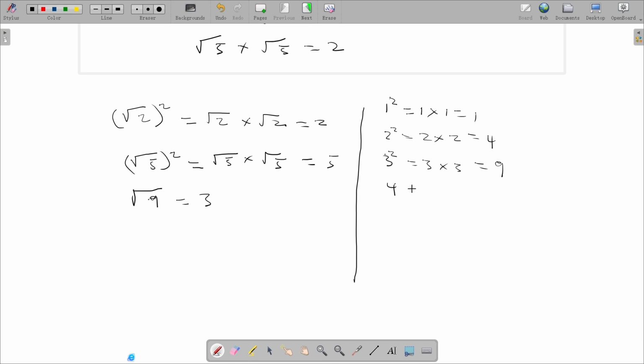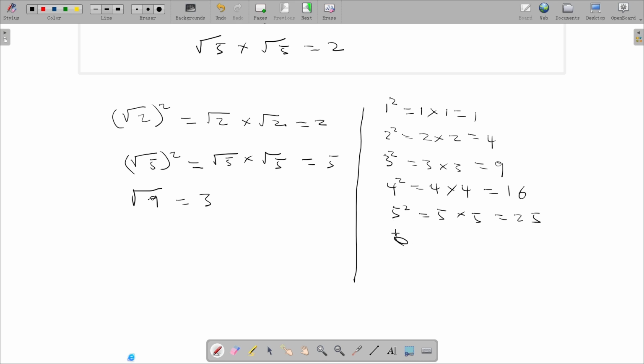4 squared is the same as 4 times 4, which is 16. 16 is a square number. How about 5 squared, which is 5 times 5, which is 25. Therefore, 25 is a square number.